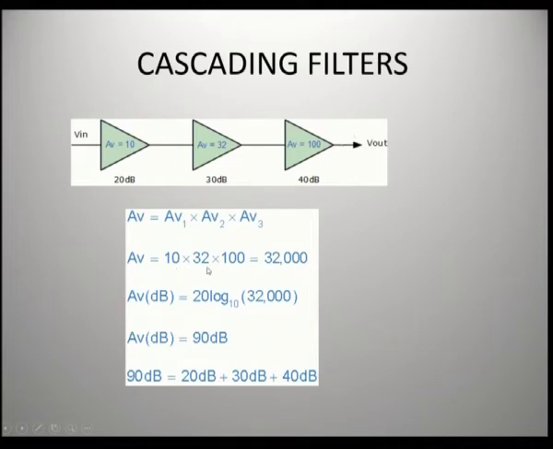So, 10 multiplied by 32 multiplied by 100, you will get 32,000, and in dB you have to add the gains of the filters individually. So, it is 20 dB plus 30 dB plus 40 dB. So, it is totally 90 dB.